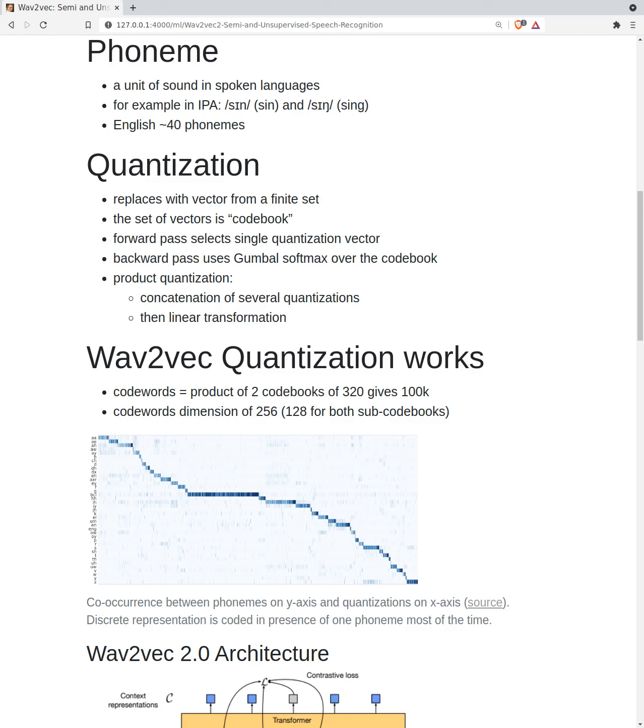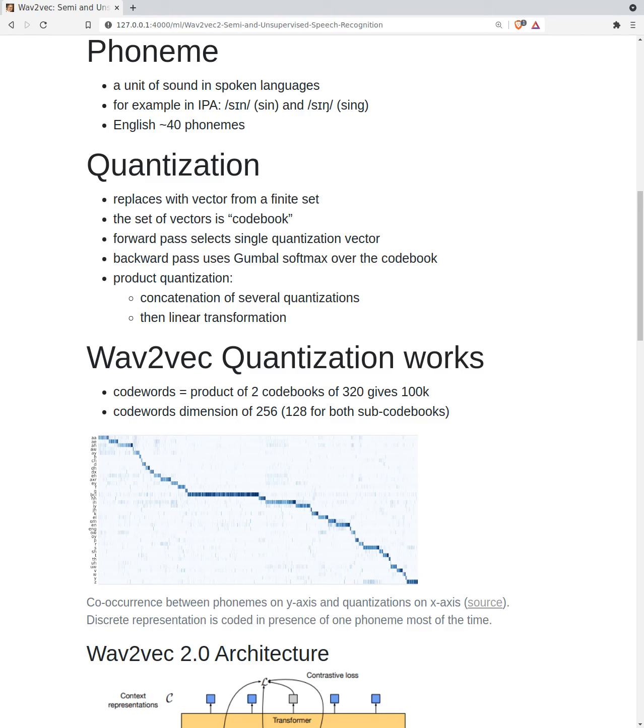And what is quantization? Well, quantization takes a vector and replaces it with a vector from a finite set. Usually, we use cosine similarity in high dimensions, and in lower dimensions, you usually use Euclidean distance. During the forward pass, that's what I described, we just pick a single vector from the codebook.